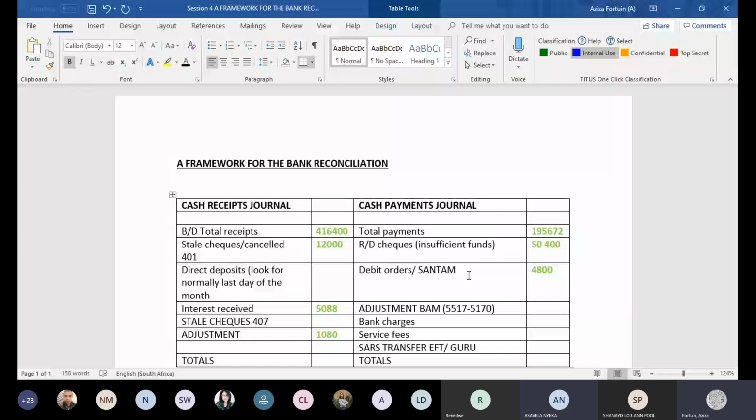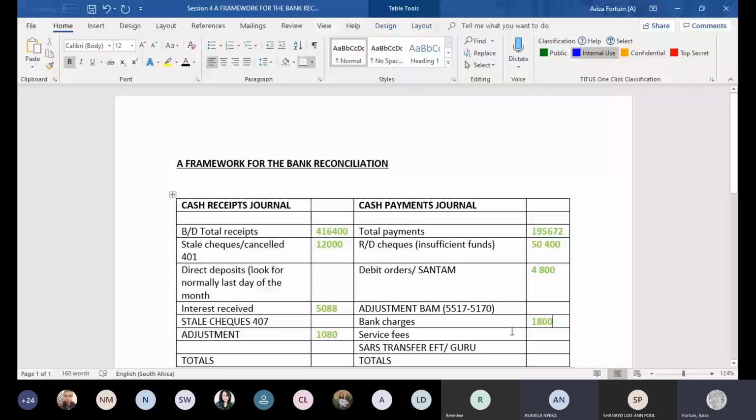And then we have bank charges on the bank statement on the 30th for 1,800. Let's record that here. So it's 1,800.